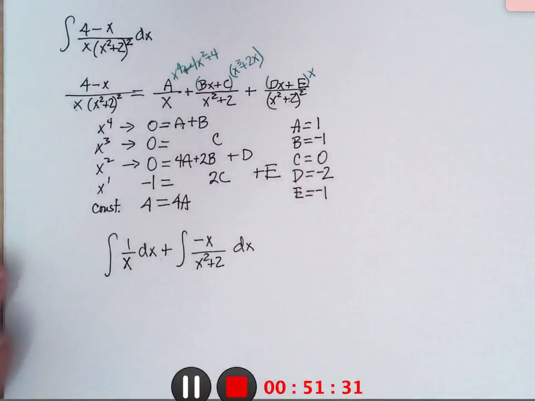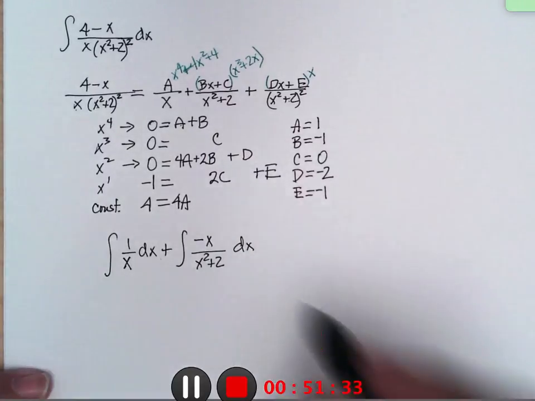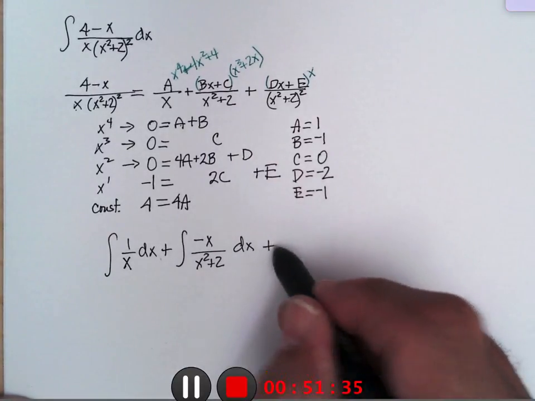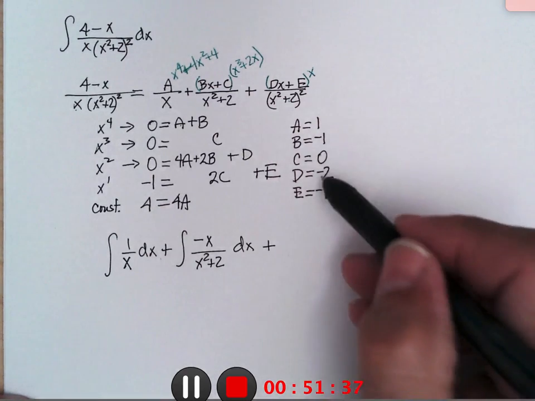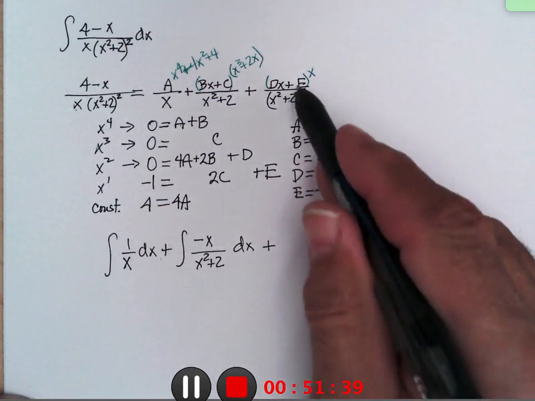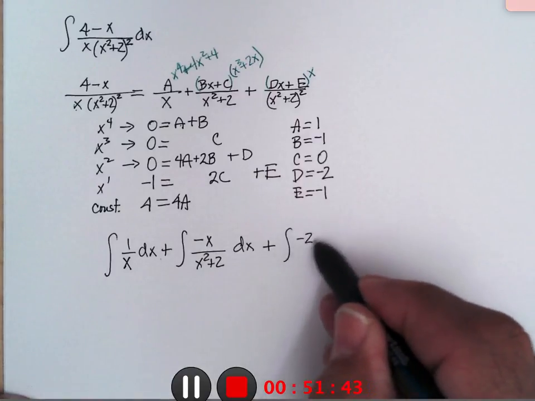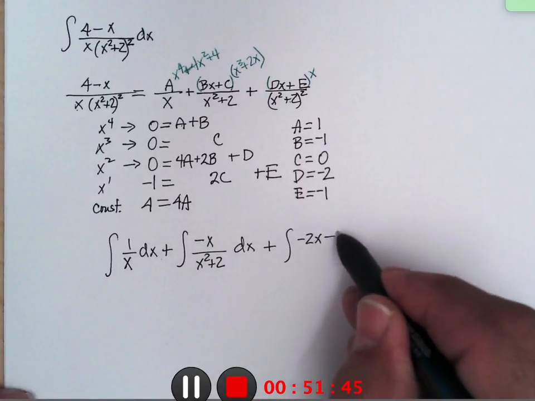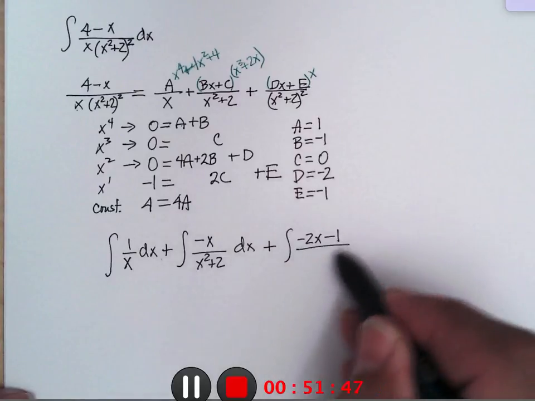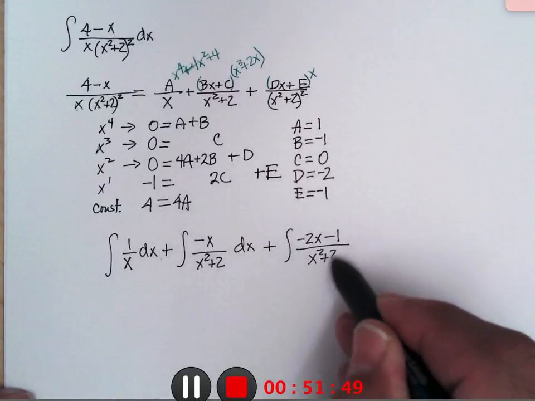And then we have plus, d is minus 2, e is minus 1, so we have the antiderivative of minus 2x minus 1 over quantity x squared plus 2, squared, dx.